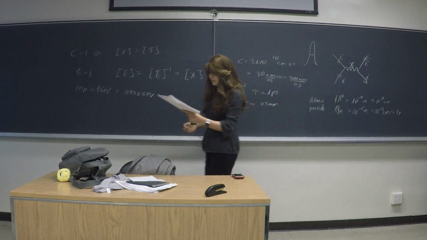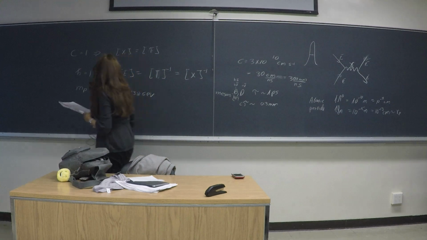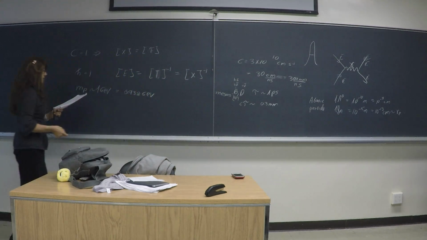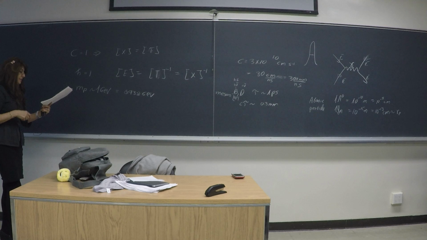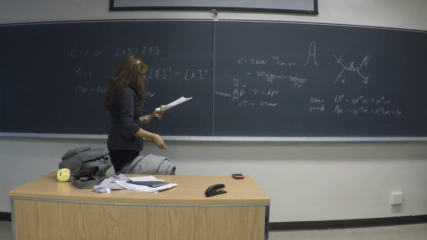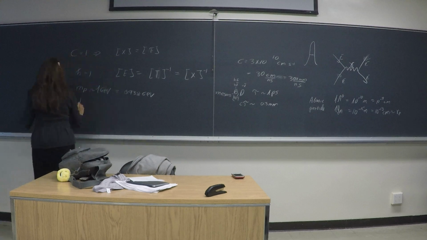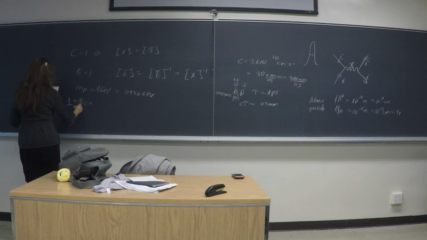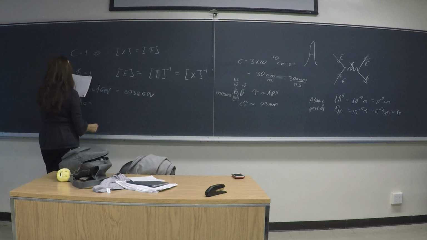So we also said that energy is a unit of inverse distance. So what did we have? We have h bar c. Since h bar and c are equal to 1, dimensionless, then h bar c is also dimensionless.